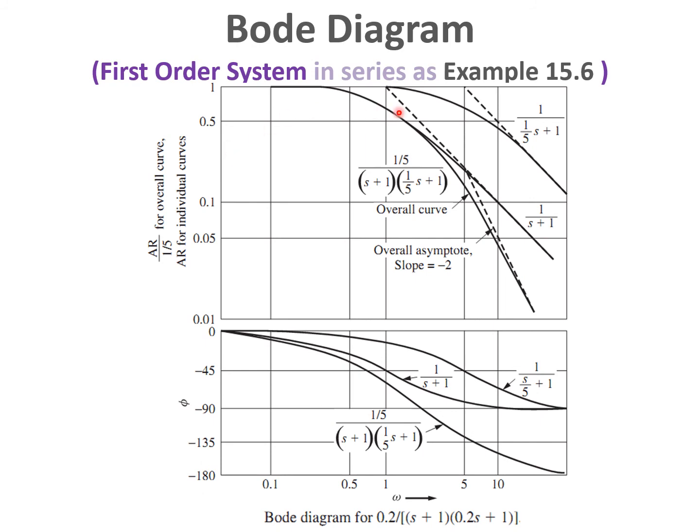You can see here for the first order system, we got two first order systems just now. One of them is 1 over s plus 1: low asymptotic plot, high asymptotic plot, corner frequency at tau, which is 1. For the other transfer function, this is the low asymptotic plot, this is the high asymptotic plot, the gradient is minus 1, this one also minus 1. Where is the corner frequency? At the value of 5, because corner frequency is at 1 over tau.